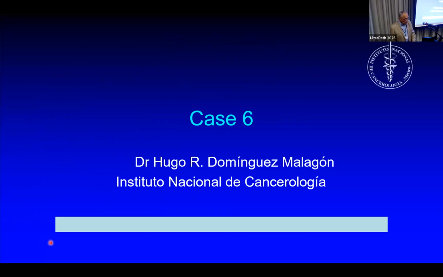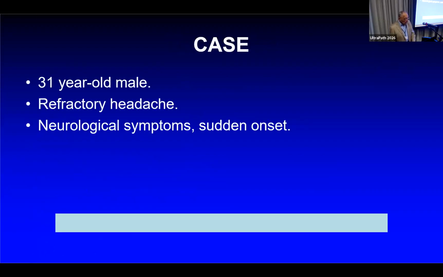This is the last case. It's a 31-year-old male with a headache and neurologic symptoms.